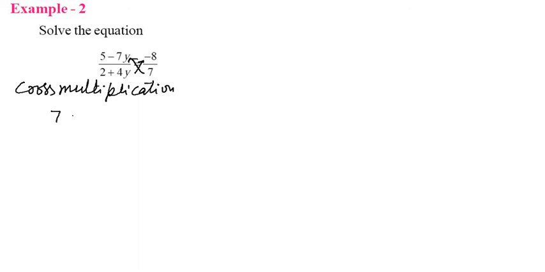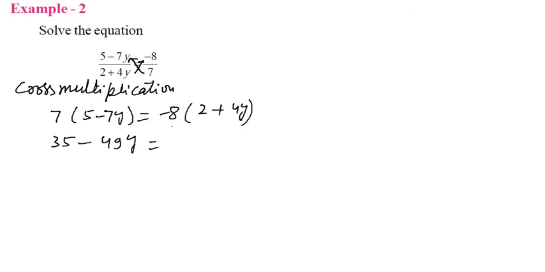It is 7 multiplied to 5 minus 7y, and here is minus 8 multiplied to 2 plus 4y. Now multiply: 7 times 5 is 35, and 7 times 7 is 49y, and 8 times 2 is 16, and minus 8 times 4 is 32y.